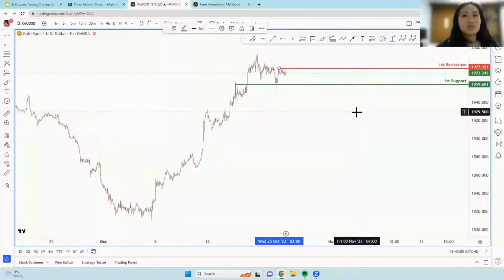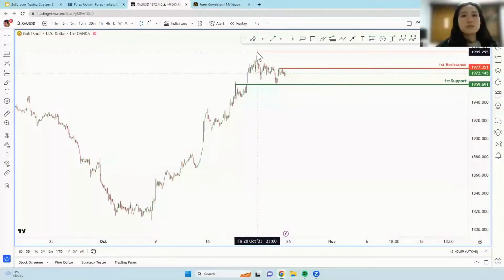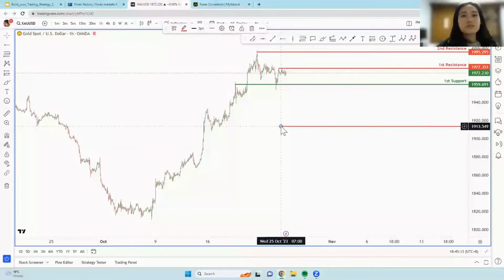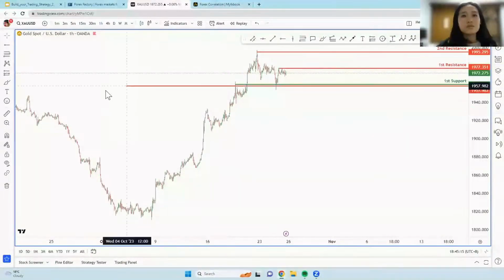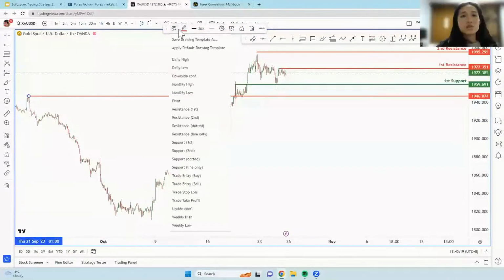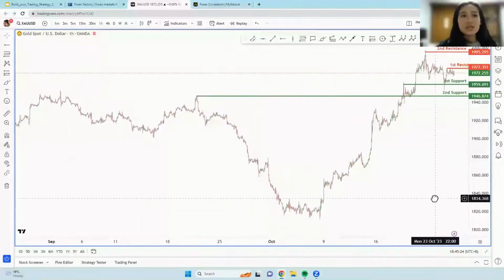First resistance. Second resistance here. Okay, second support here. So these are just purely graphical.